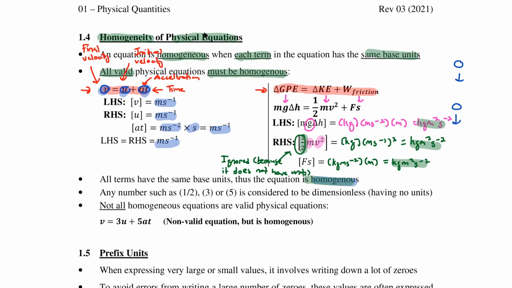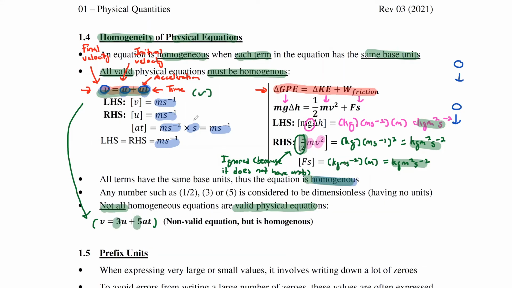Now, it's important to note that not all homogeneous equations will be valid physical equations. For example, if you look back at the original equation, V equals U plus AT, this is known to be a valid physical equation. What if when you try to recall the equation, you made a mistake in recalling it, and you accidentally added 3 and 5 into the equation.